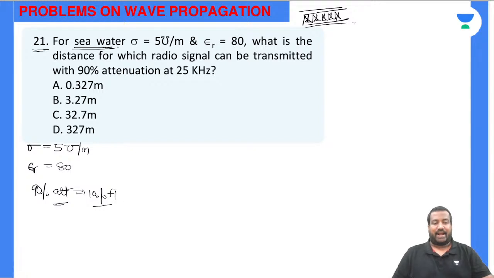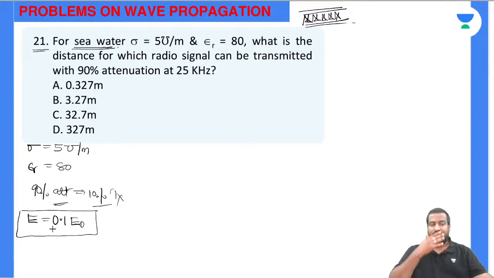Only 10% transmission. 10% transmission means how much is the E value? 0.1 of E naught, 10% of its initial value. That's the logic. You should be able to write this. By reading this, if you are able to write this, then yes, you are on track. Otherwise, difficult.